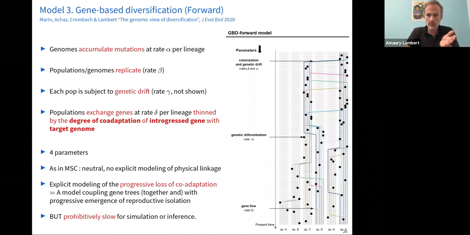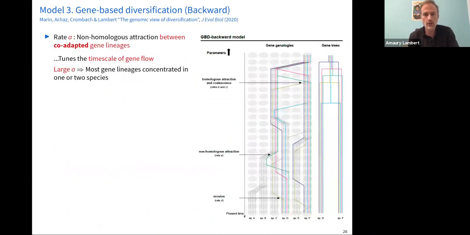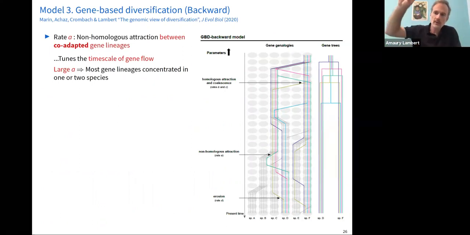And so we came up with this backward in time model, which, as I said, is not exactly the dual mathematically to the forward time model, but has some nice features. So the first thing that happens here, you assume that you sample several genomes at present time on the bottom of the picture, and you trace back in time the history of the gene lineages. They can or cannot be in the same population. The first thing that can happen is that your genes may change species.